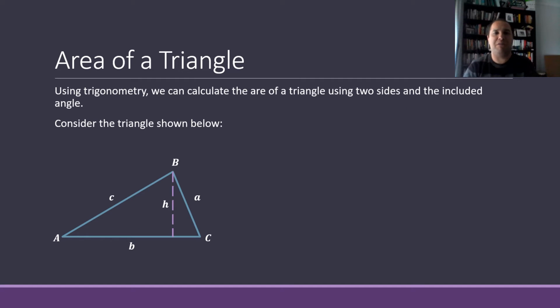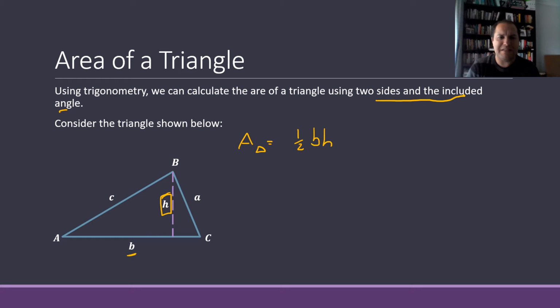All right, so using trigonometry we can calculate the area of a triangle using two sides and the included angle. Considering the triangle below, we know the area of a triangle is equal to half base times height. Now thankfully b is our base here, that side makes sense. h is our height.